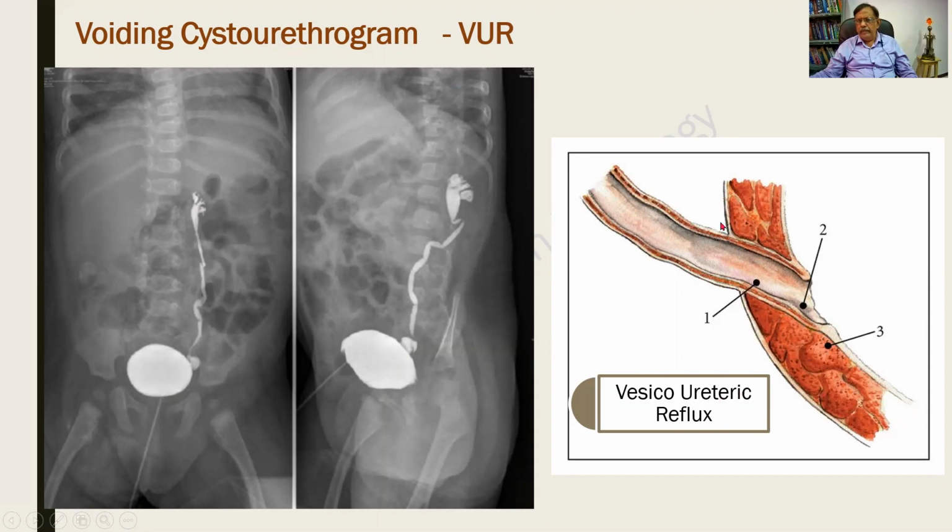Why does it happen? So this is the bladder, the ureter, the walls of the ureter, and the inner lumen. Normally, when anyone is voiding or passing urine, the bladder contracts, as a result of which this orifice is closed and there is no back passage of urine.